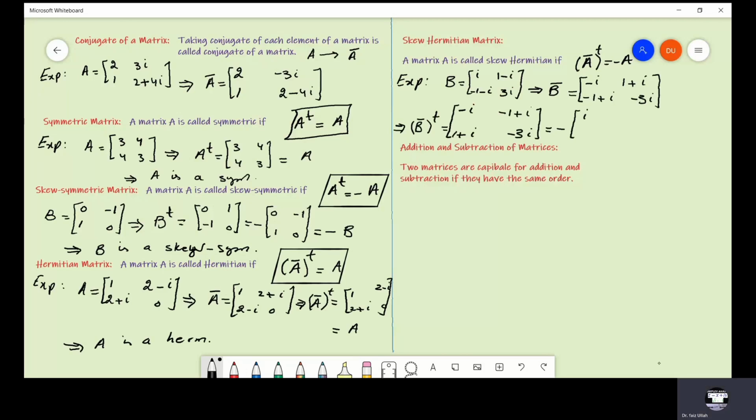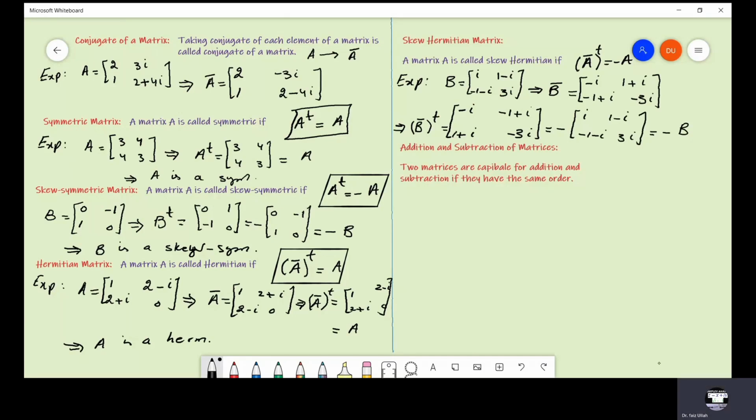We get iota, 1 minus iota, minus 1 minus iota, 3 iota. And you can see that this is the same matrix B. So we can see that B conjugate whole transpose is equal to minus B. It means that B is a skew Hermitian matrix.